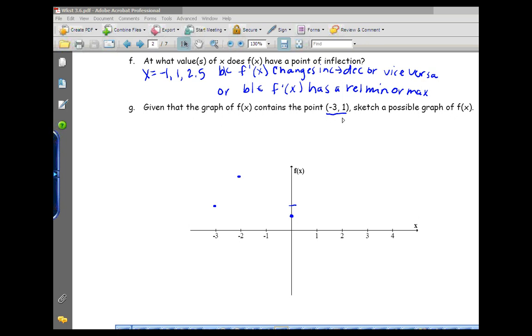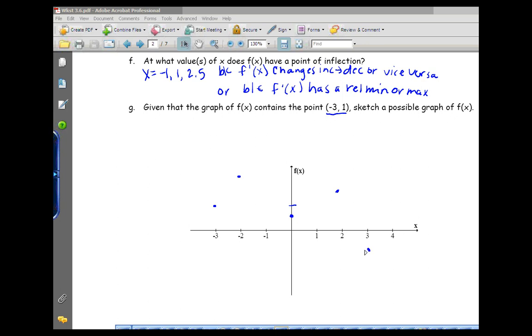All right, and then between x equals 0 and 2, f is increasing again, and I have another maximum at 2. Now I could make my hill here, or I could make it way up high. It literally does not matter where you make this hill at x equals 2, because we're just sketching a possible graph. And then I have another minimum at x equals 3.